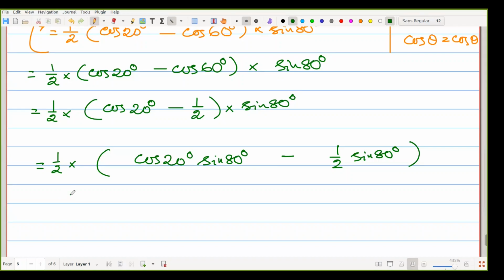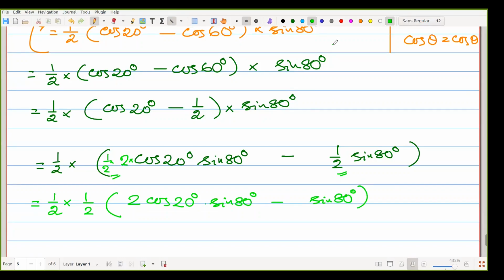Now we are taking common as half once again, multiplying here with the 2 and with half, so that would be the same. So we now have half into 2 of cos 20 degree into sine 80 degree minus sine 80 degree.